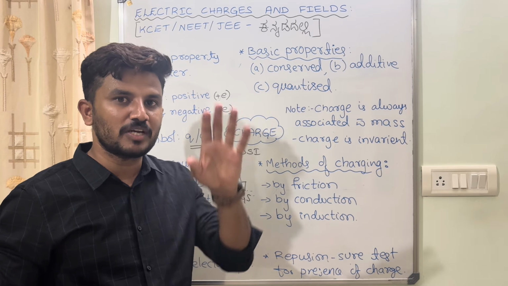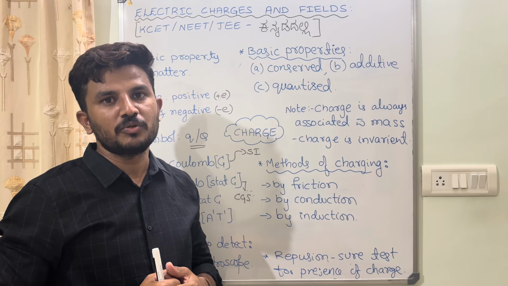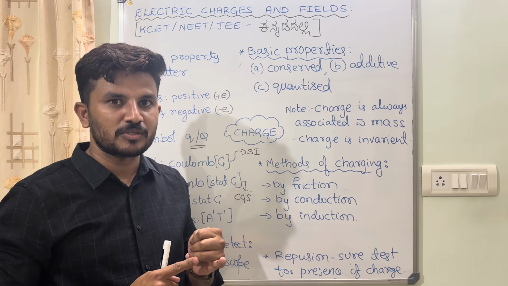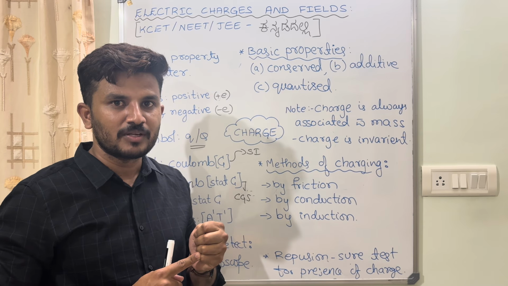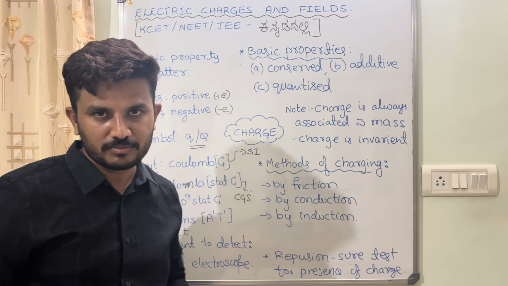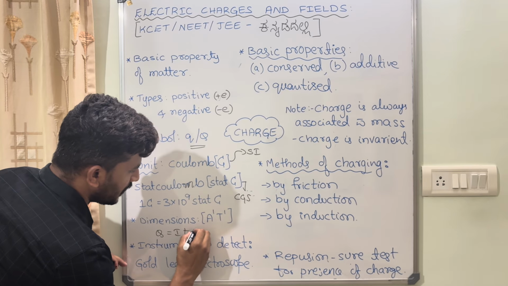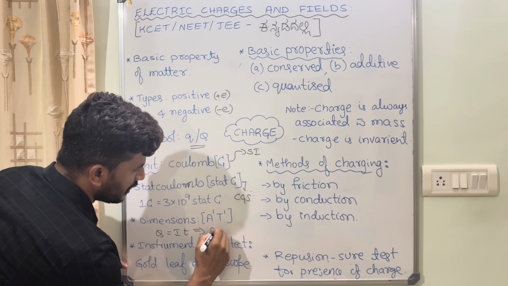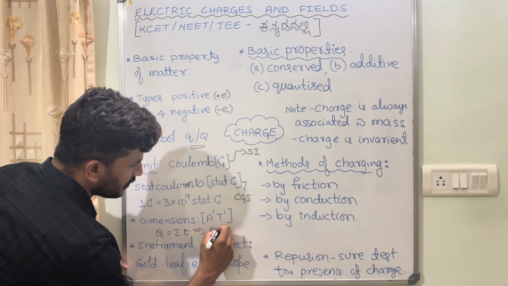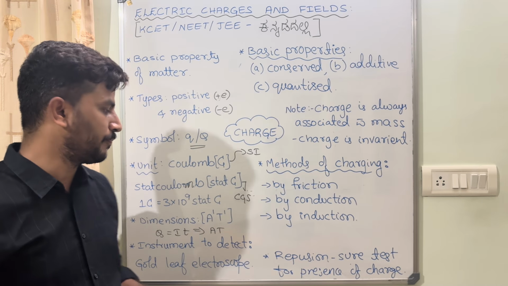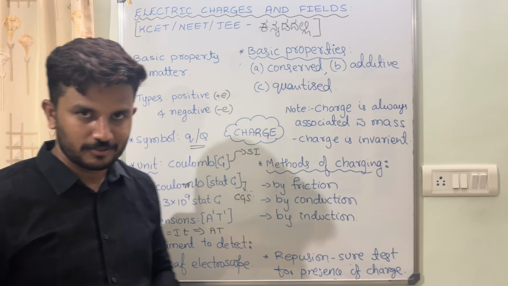In units and measurements we have studied 7 fundamental quantities: mass, length, time, amount of substance, luminous intensity, electric current and temperature. So in that, current and time are base units. For current the dimension is A, and for time it is T. So A power 1, T power 1 is the dimensions of the charge.